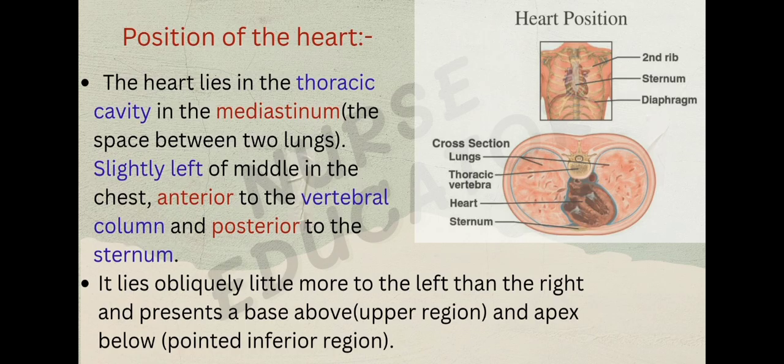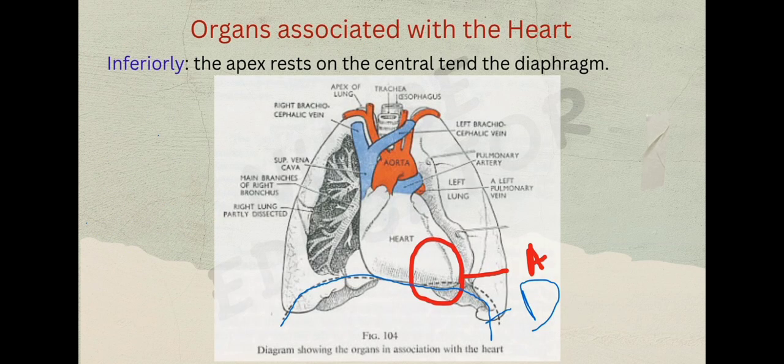You can see the picture of the cross section of the heart. There are two lungs, thoracic vertebrae, and sternum. The organs associated with the heart: inferiorly, the apex is resting on the diaphragm.